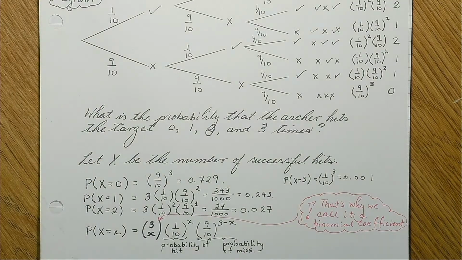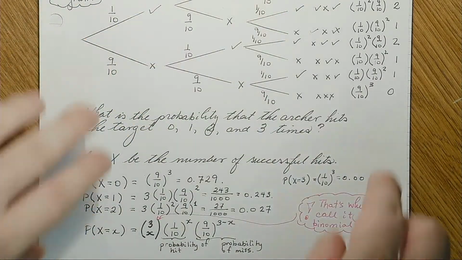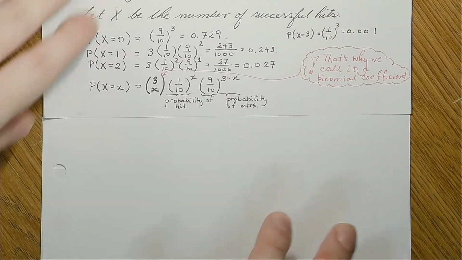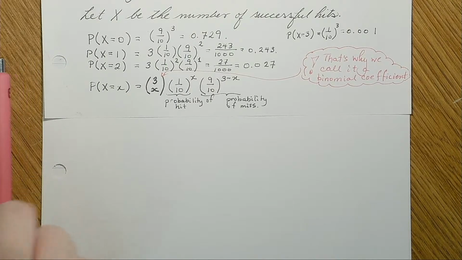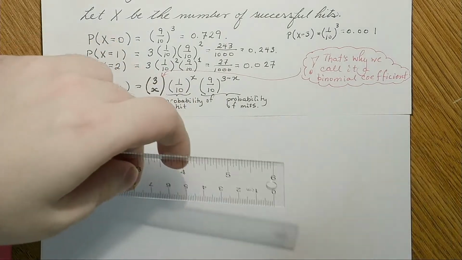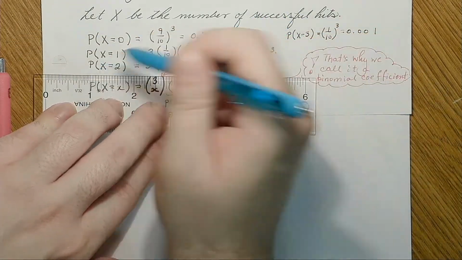So, what we can also do is, if you prefer, let's say I'll box this in, and this is the formula for this example.